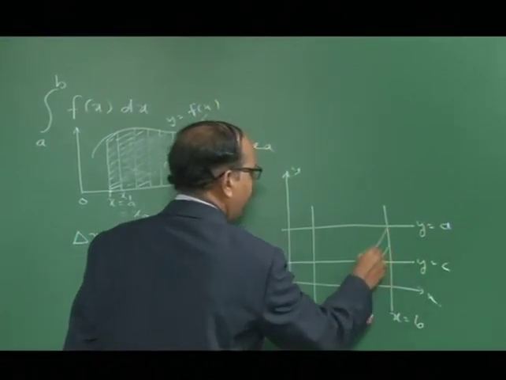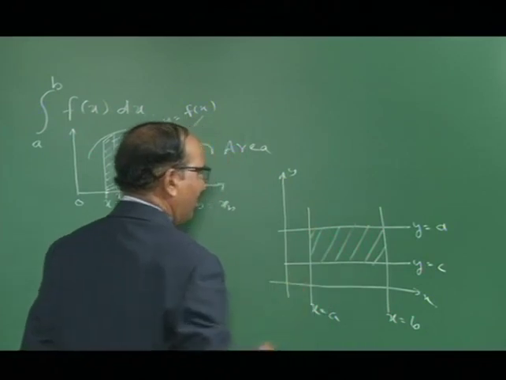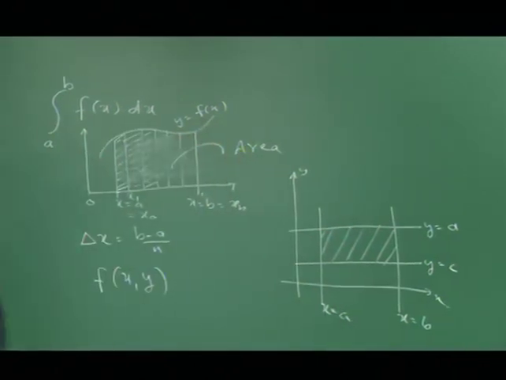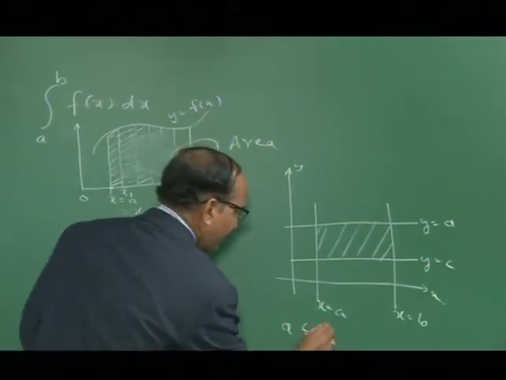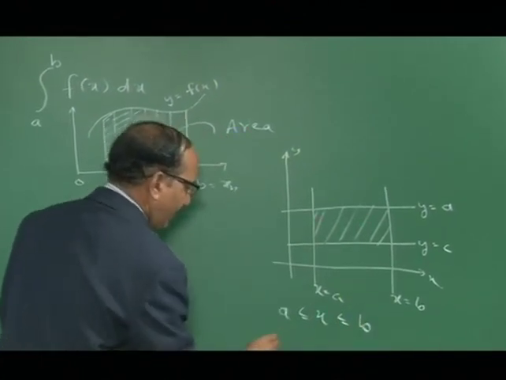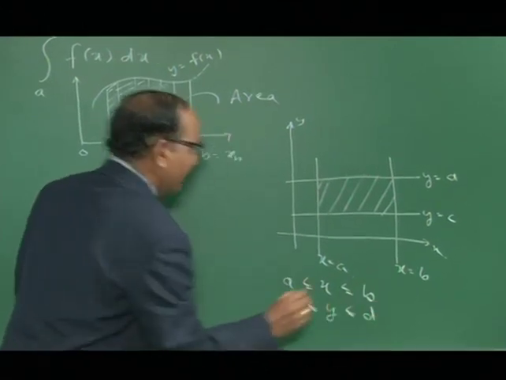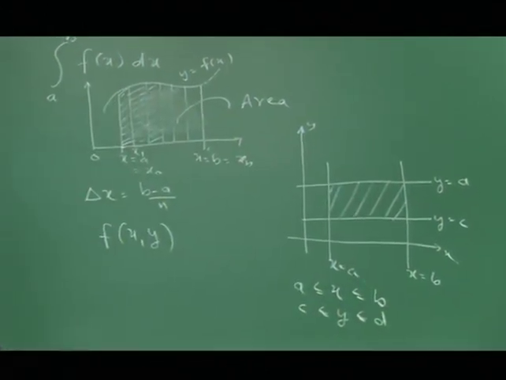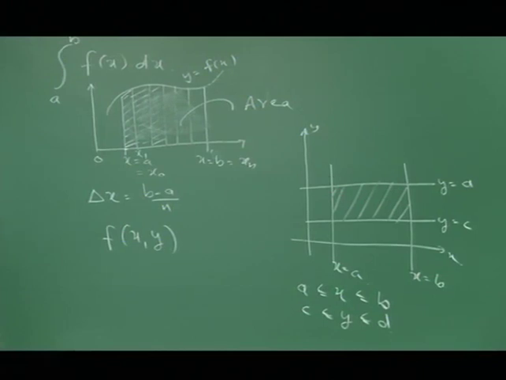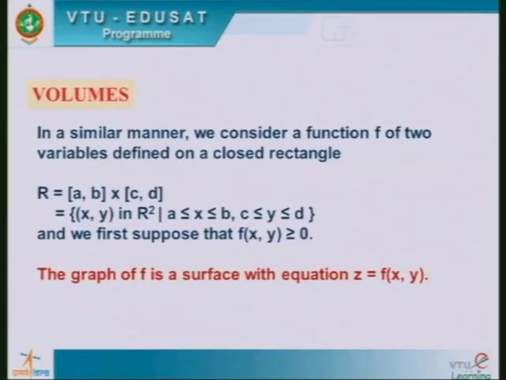So this is our rectangle which is bounded by a less than x less than b and c less than y less than d. So x and y are the intervals here. R is [a,b] cross [c,d], the entire rectangular region, that is in R squared. That means it is in the two-dimensional plane. (x,y) is a point in the plane, that is why it is in R squared.